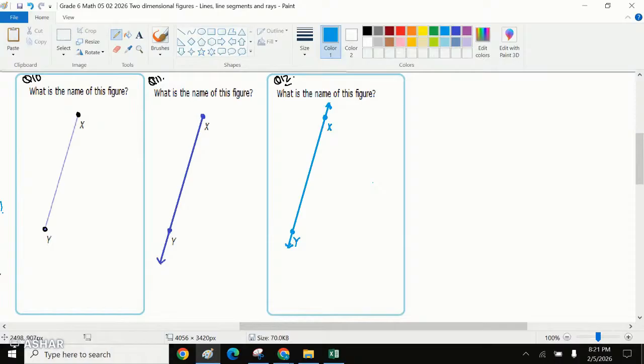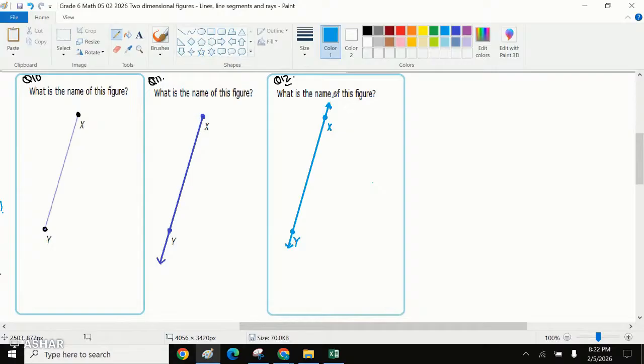Ashik, you said it's a line segment. How can you be sure it's a line segment? Your answer is correct, it is a line segment. But how can we be sure? What is the reason? Let's suppose you are teaching someone else, and you say that in question number 10, XY is a line segment.